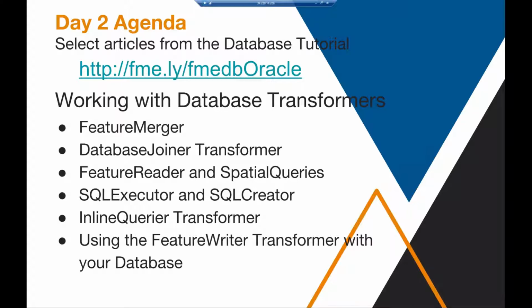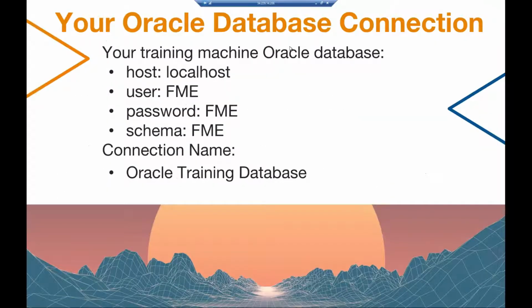Tia, I think, has already posted out on the chat channel the link to the starting place where we're going. Just a reminder, your Oracle database connection, you should still have that from yesterday. If you had to start a new virtual machine, those are the connection parameters, so you can take a screen grab of that if you need them.